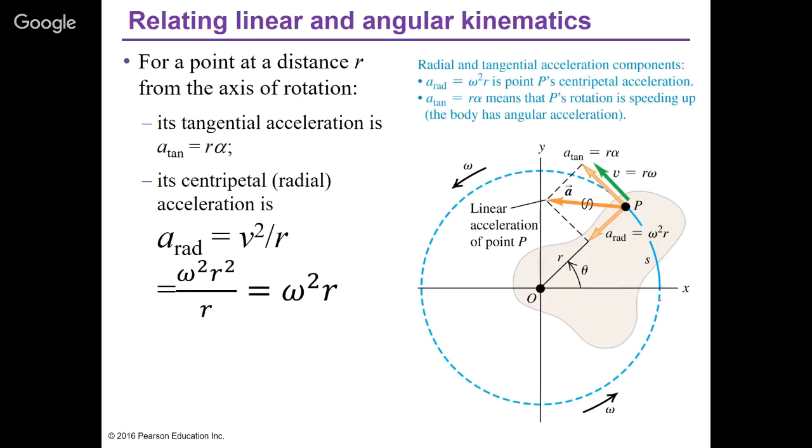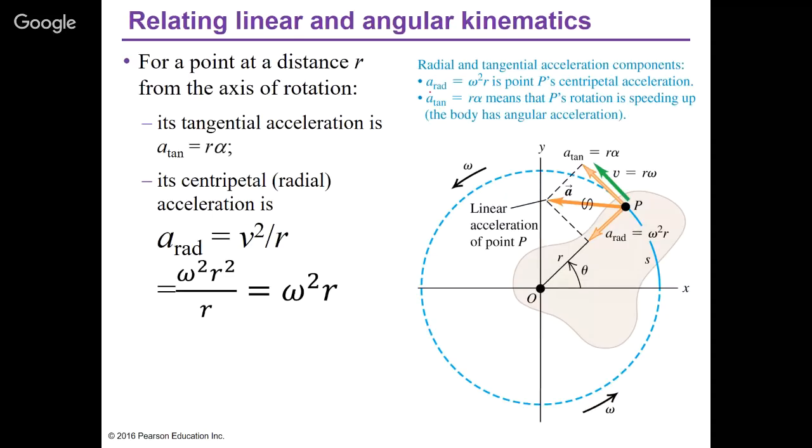So next, for a rotation that is not constant angular velocity, when we have an angular acceleration, then the velocity, how it changes as a function of time, would actually have two components.